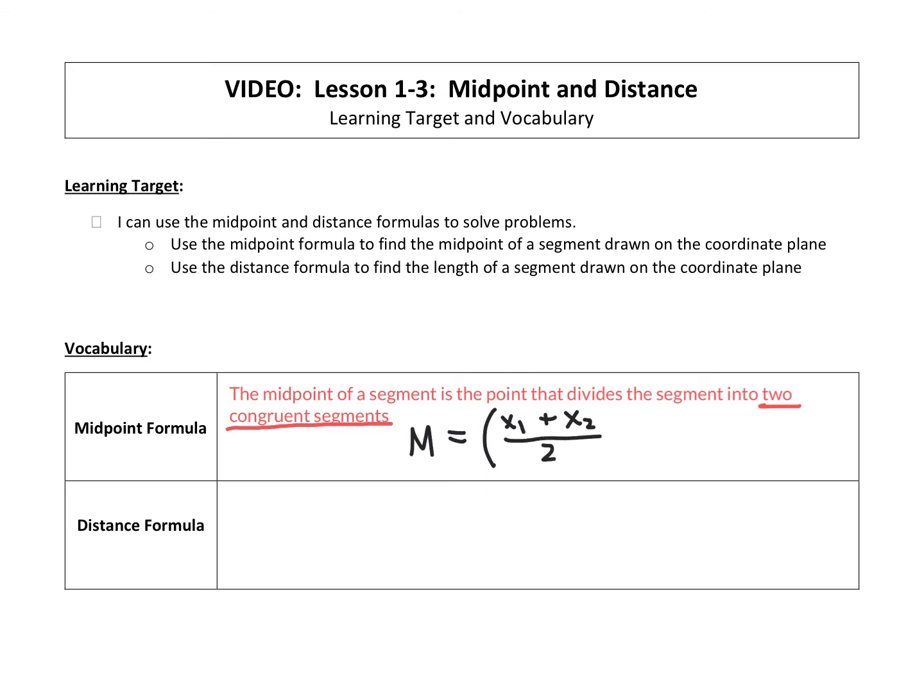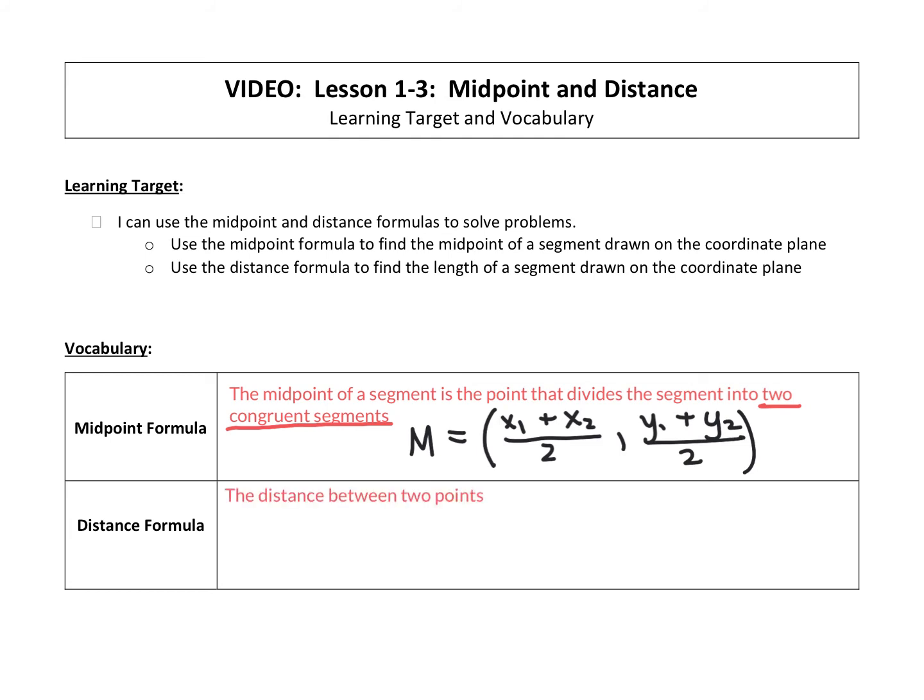We're going to divide that by 2. That's going to give us the x value of our midpoint, and then we need the y value of the midpoint. So we are basically finding the middle point of a segment. We're going to take the y value from our first endpoint plus the y value from our second endpoint and divide that by 2. So there's our midpoint formula.